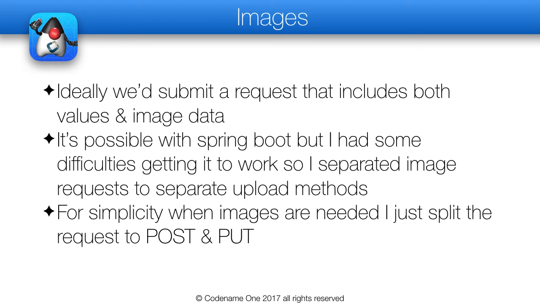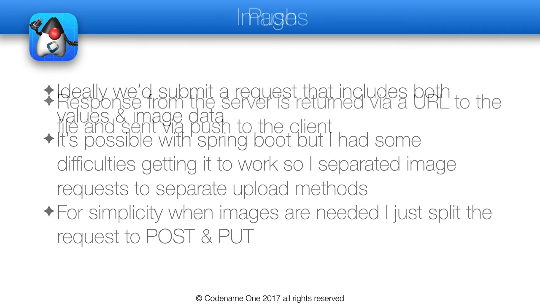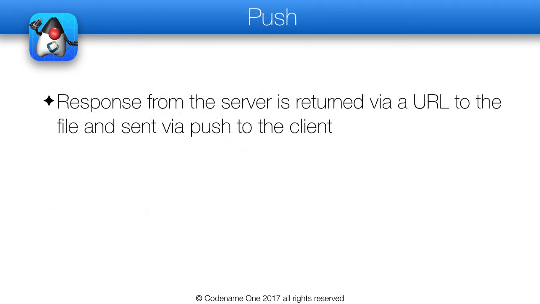For simplicity, I upload the images in post requests, which is the default for multi-part request, and put the JSON in a put request. When the server finishes a build, it should send a push to the device with a link to the final URL.